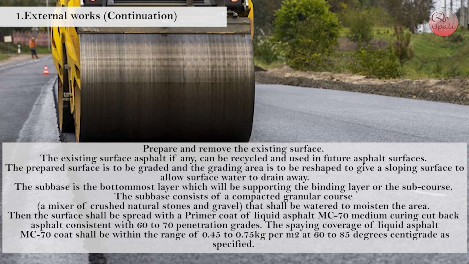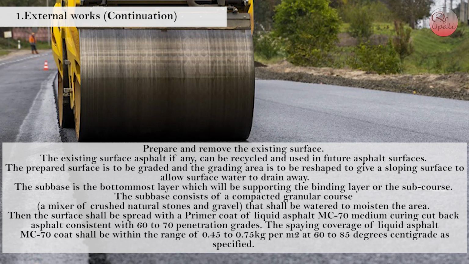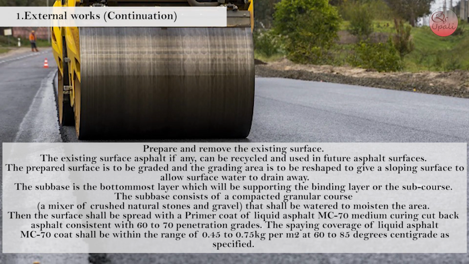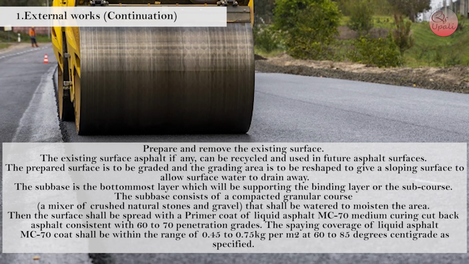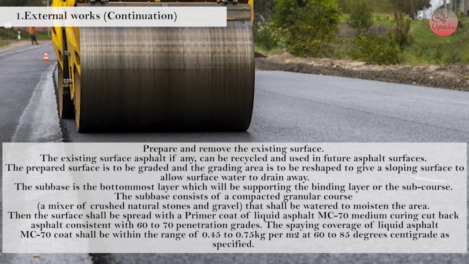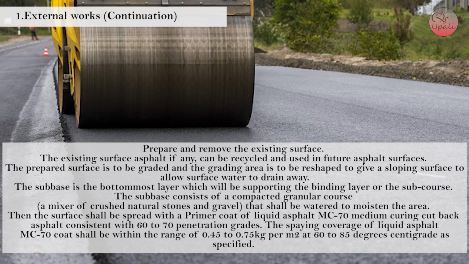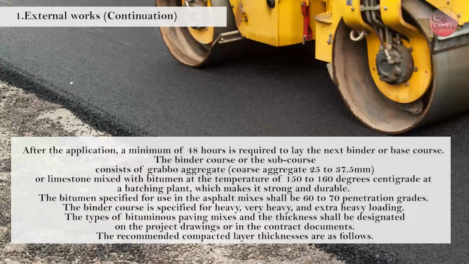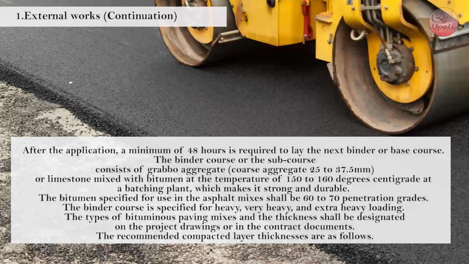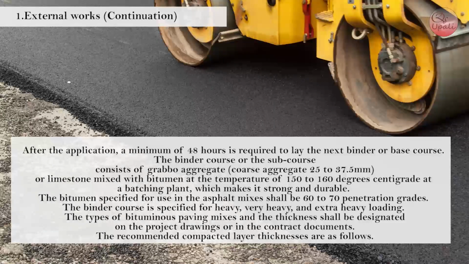The spraying coverage of liquid asphalt MC70 coat shall be within the range of 0.45 to 0.75 kg per meter square at 60 to 85 degrees centigrade as specified. After the application, a minimum of 48 hours is required to lay the next binder or base course.